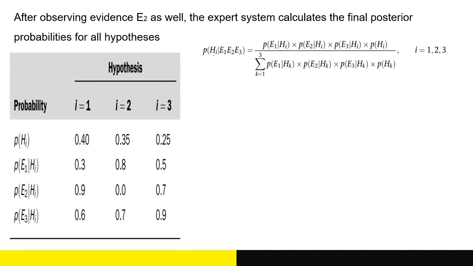So the probability of hypothesis i given evidence 1, evidence 2, evidence 3 is equal to the probability of evidence 1 given hypothesis i multiplied by the probability of evidence 2 given hypothesis i multiplied by the probability of evidence 3 given hypothesis i multiplied by the prior probability of hypothesis i, divided by the sum from k equals 1 up to 3 of the probability of evidence 1 given hypothesis k multiplied by the probability of evidence 2 given hypothesis k multiplied by evidence 3 given hypothesis k multiplied by the prior probability of hypothesis k, where our i is equal to 1, 2, 3. So our index i starts from 1.